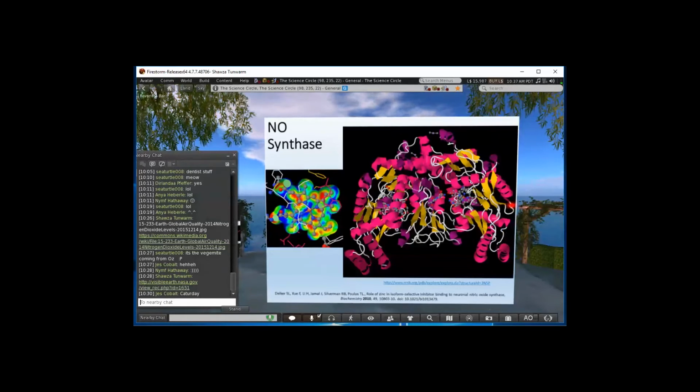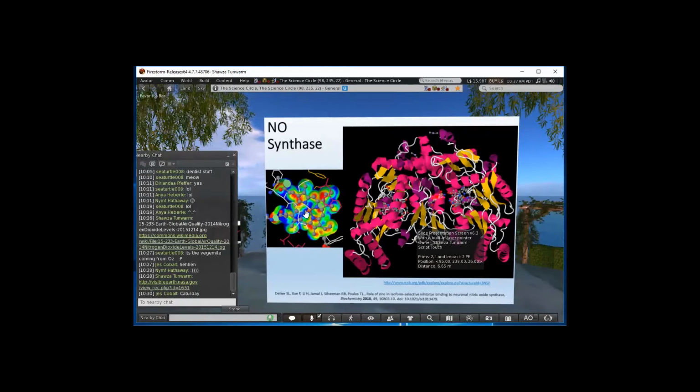Okay, the business part of the molecule. So here's another view of the same nitric oxide synthase. Down in here we can see a heme group. Here we can see a pterin. It's basically a path to manage the flow of electrons. And this view right here shows an expanded view of the heme group, which actually is the business end.